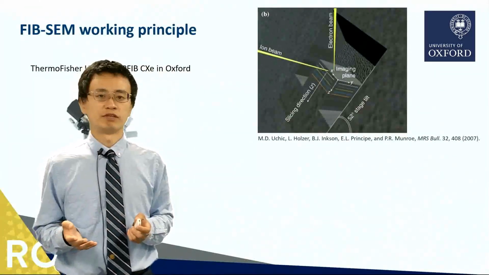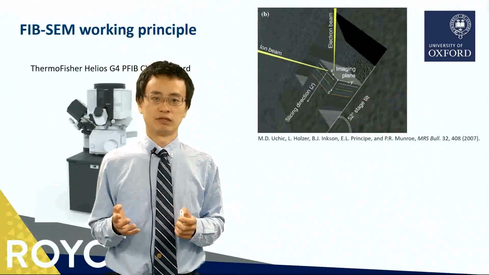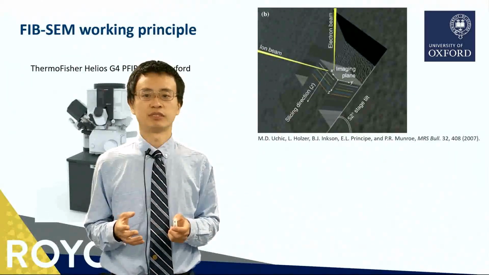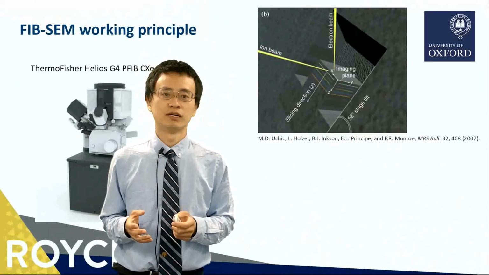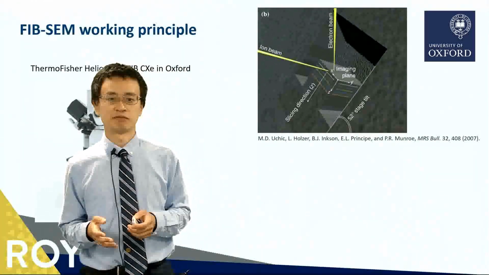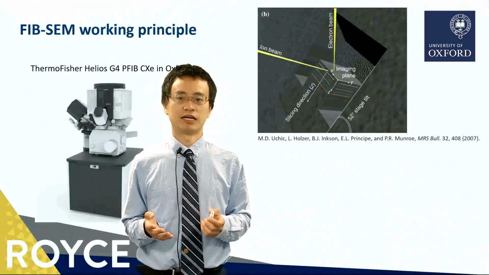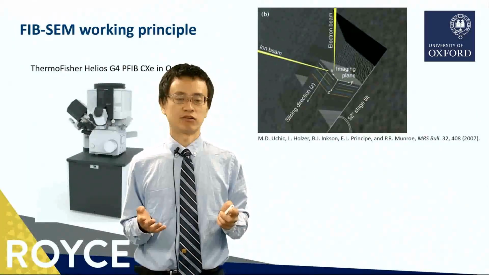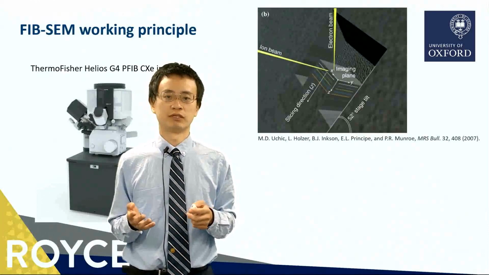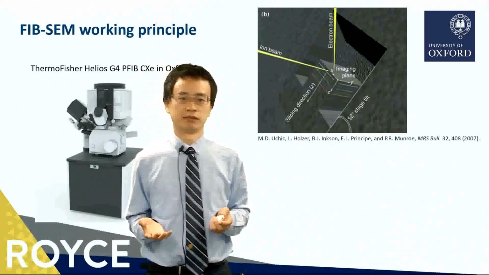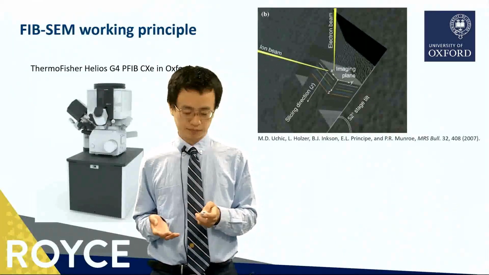When we operate a FIB SEM, first we turn on the ion beam to cut off some part of the material to generate a hole inside the surface, and then we cut off one side of the hole to make it flat and nice. And after that, we use the electron beam, which has an angle from the ion beam, to see the morphology from the surface.